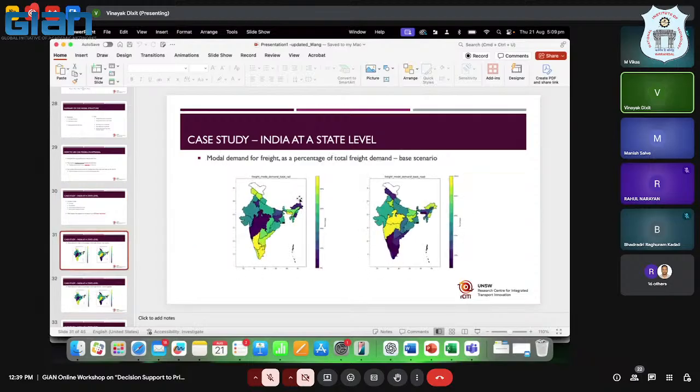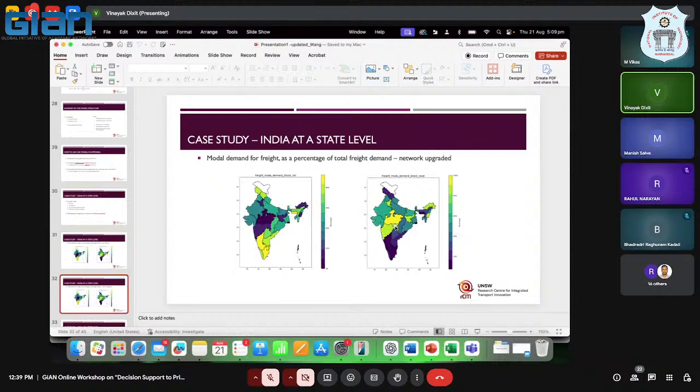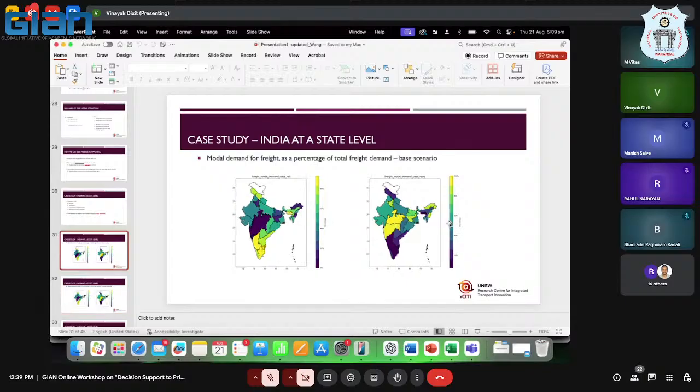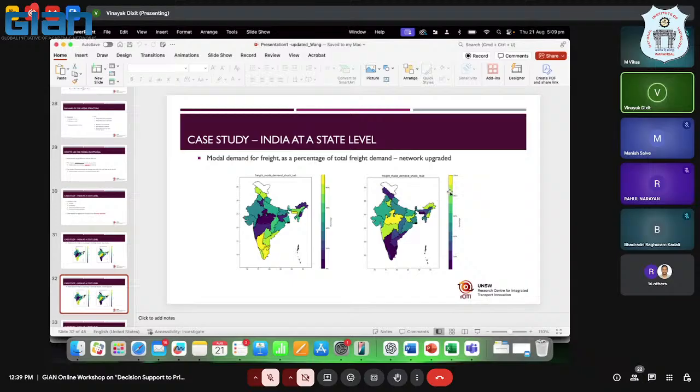What we observe, if you look at this area, is that Maharashtra had a very high road percentage. That has gone down closer to 88% instead of the high 90s. And the rail percentage also increases a little bit, to 20% or so.